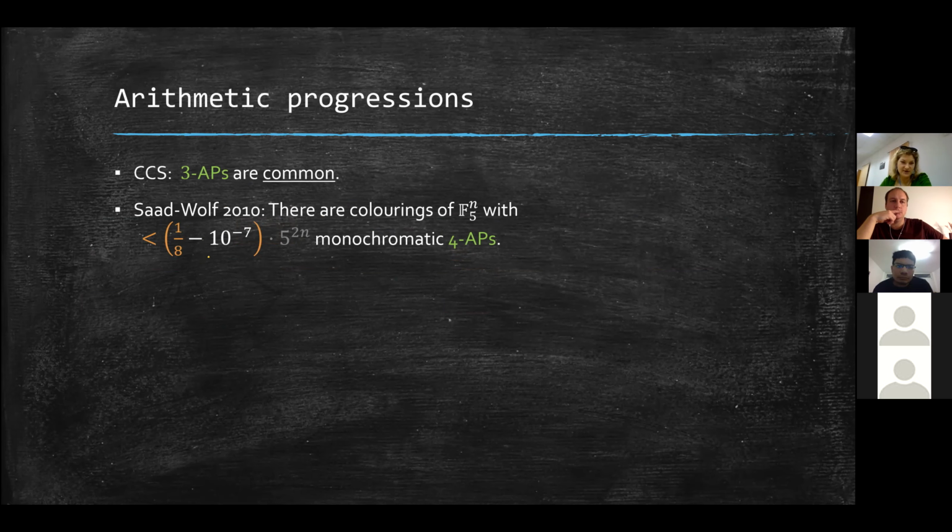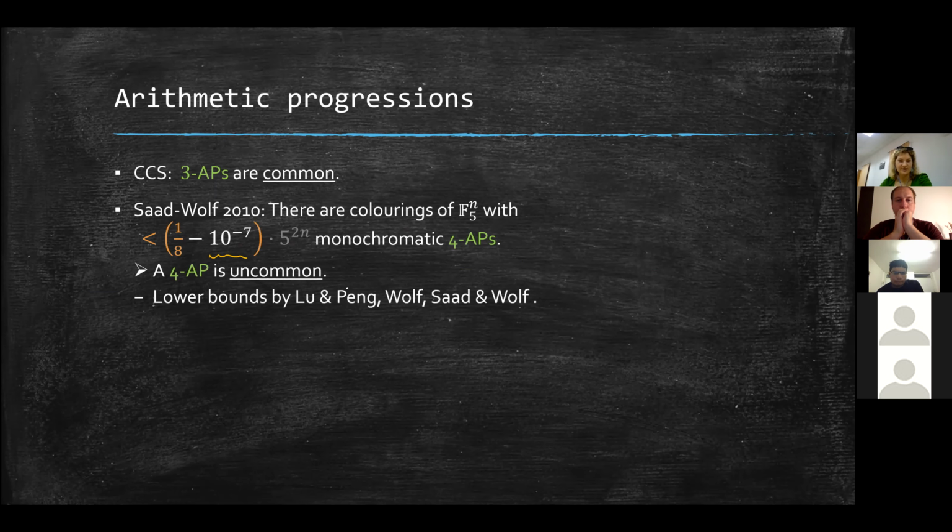When I say fewer than expected, it's just a small factor. So you can see that it's pretty hard for systems to be uncommon. Usually, this discrepancy is not huge. And that was everything that was known about 4-term arithmetic progressions.